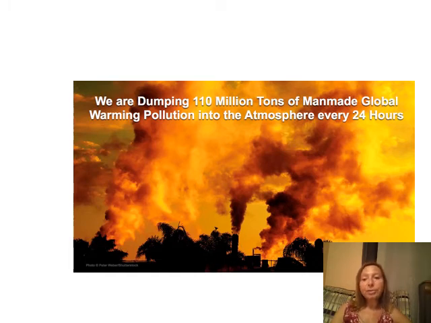Today, we're extracting them and we're releasing them at an unprecedented scale, and we're essentially burning this ancient sunshine that our planet accumulated over millions of years, and now we are releasing it at the rate of days or years. It's really like burning your bank account that you have built for many, many generations and then spending it just in one day. So we're dumping about 110 million tons of man-made global warming pollution into the atmosphere every 24 hours.